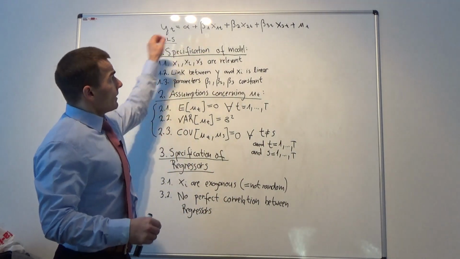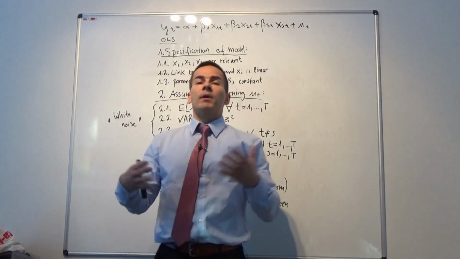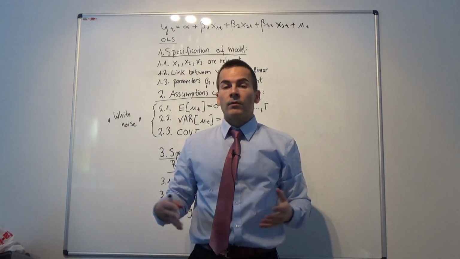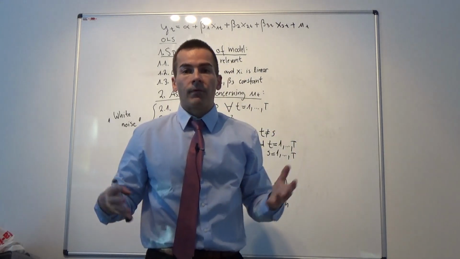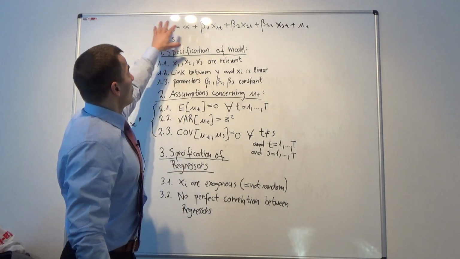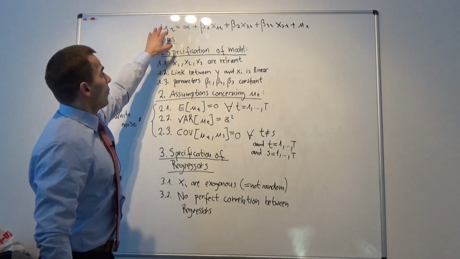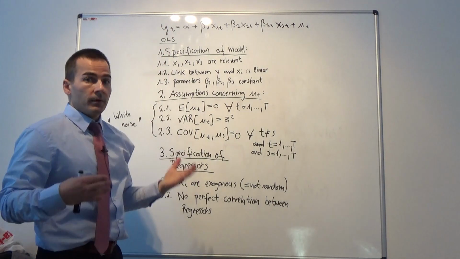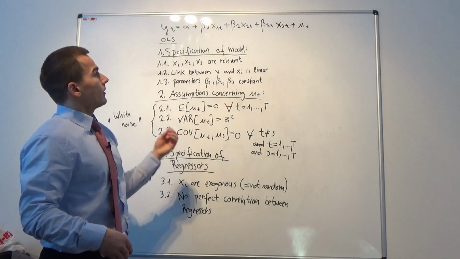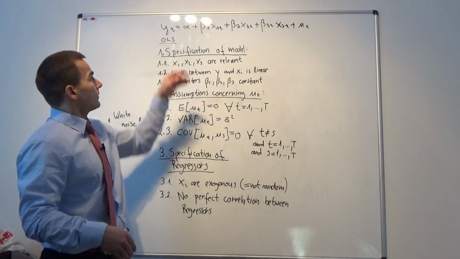In finance, we often use in different research settings the so-called Fama and French 3-factor model, where the portfolio return, which is our yt, is in excess form. So we typically subtract the risk-free rate from our assets.